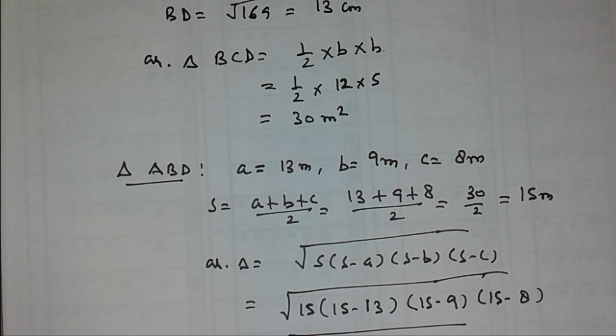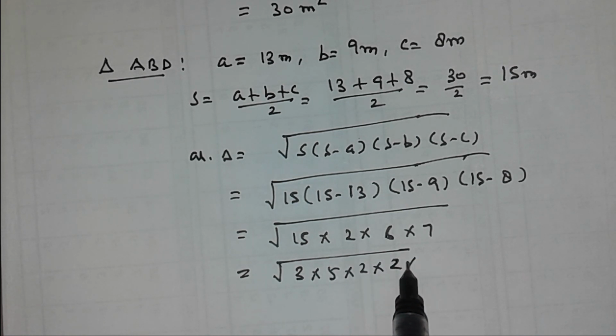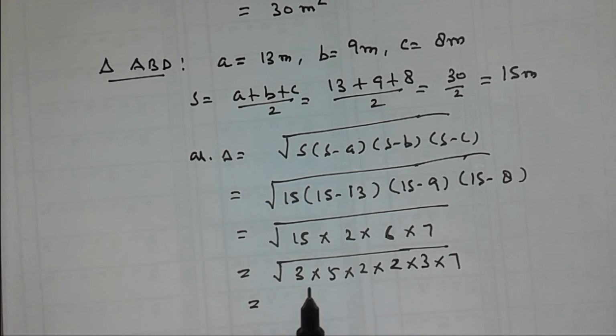When you solve it, you will get 3 into 5 into 2 into 2 into 3 into 7. So ultimately, if you make pairs, you will get 6 root 35, and the value of root 35, if you calculate, is approximately 5.9. So the answer will be 35.4 meters square.